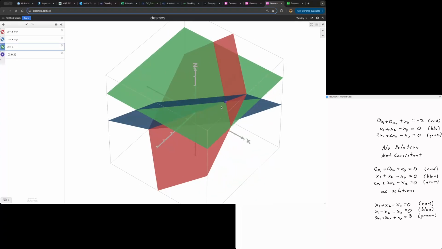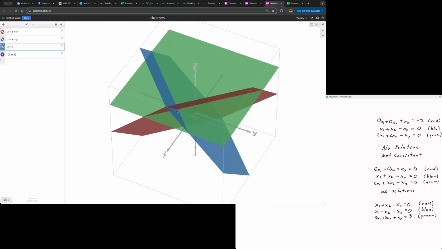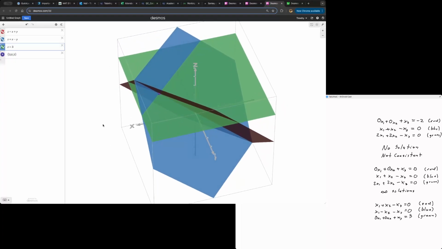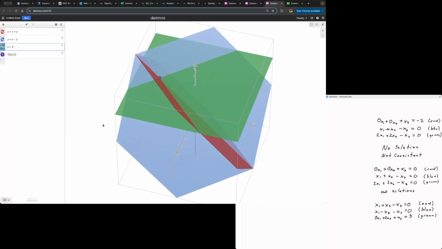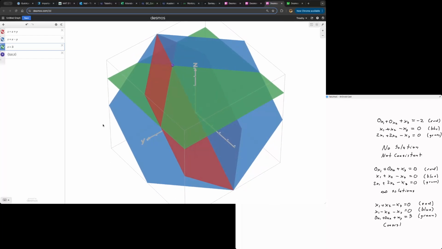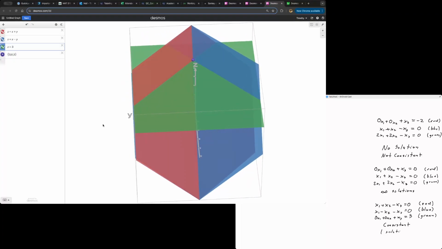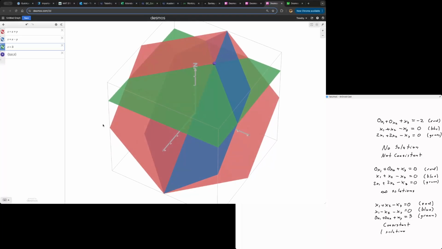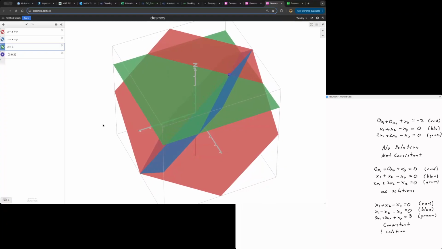No matter which plane I'm looking at, that point is on all 3 of those planes. And so that means it's consistent. There is a solution. And there's exactly one solution because there's only that one point where all 3 planes intersect. So this is a consistent solution.